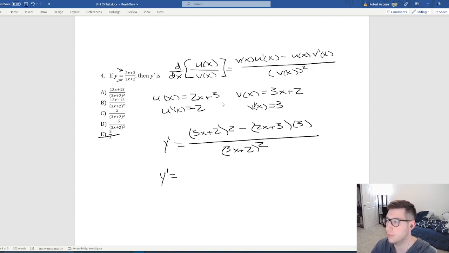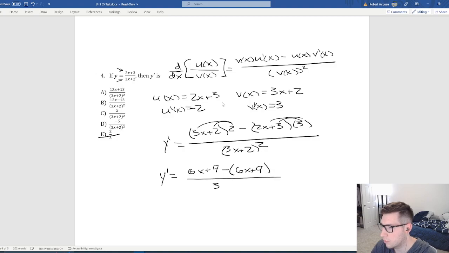And so we're just going to continue through, clean this up. We're going to have 2, which we're going to distribute in, and this 3 we're going to distribute in. And so we're going to have 6x plus 4 minus parentheses. It's really important that we keep these parentheses. 6x plus 9. Again, all over 3x plus 2 squared.